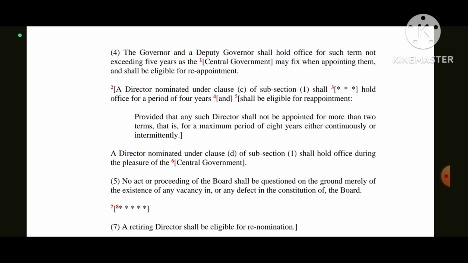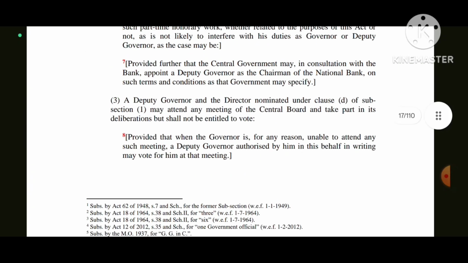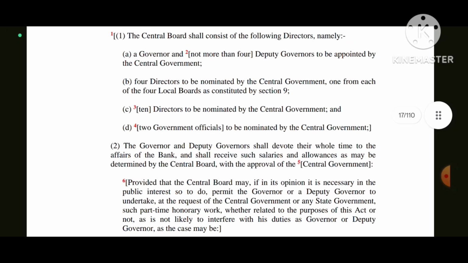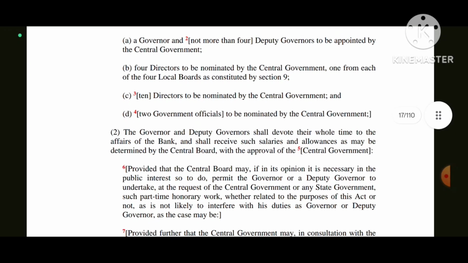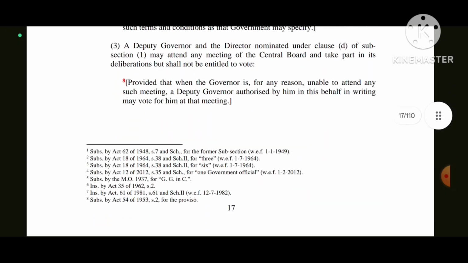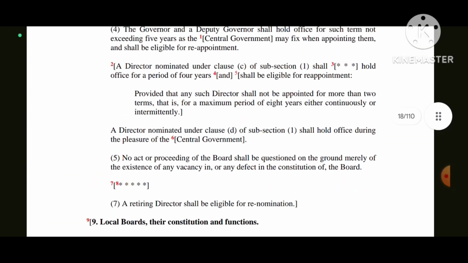A director nominated under clause C of subsection 1 shall hold office for a period of 4 years and shall be eligible for reappointment. Now, who is nominated under clause C? The 10 directors to be nominated by the central government.